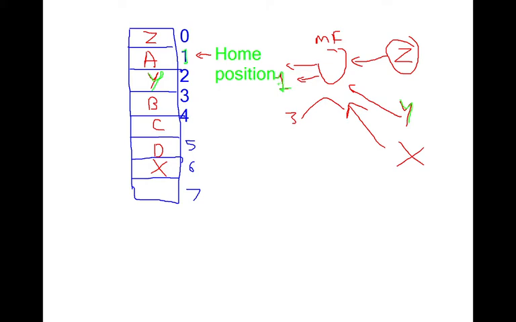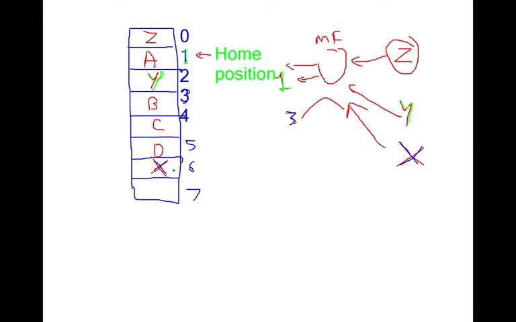So this one is the home position of y, although this y was not stored at its home position, it was stored at the next position. Similarly, this x was originally mapped to slot number 3, but this x ended up getting stored here.